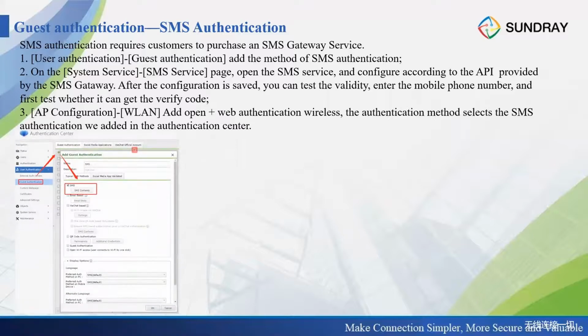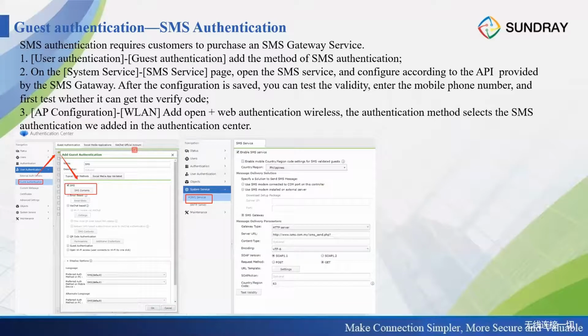For the short message configuration, first we create the guest authentication. In the authentication center, we go to the guest authentication. In the guest authentication, we choose this short message, SMS, and then we need to enable this SMS service. For this SMS service, we need to find a specific SMS gateway. Usually that gateway will give you their API.